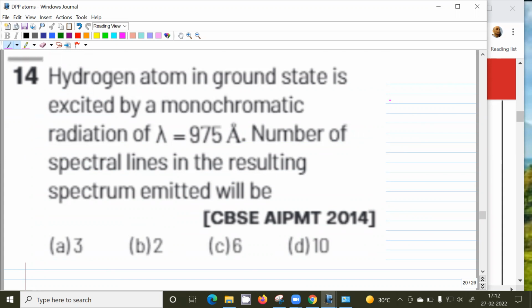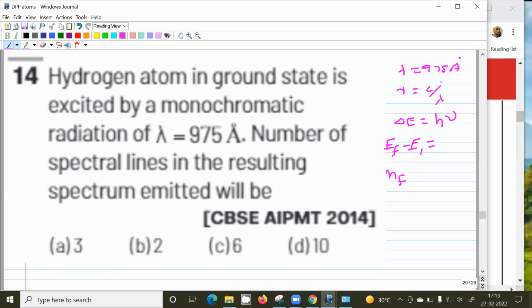Hydrogen atom, so lambda equals something, 975. So nu is c by lambda, right? So this will correspond to delta E. Delta E is h nu. This delta E corresponds to the ground state. So E final minus E initial, that is the ground state, is equal to this. From this I can find n final.